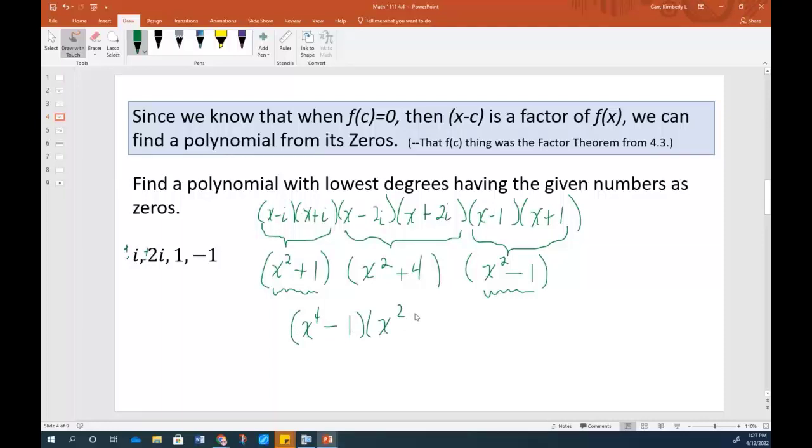And then I still have x squared plus 4 here. So now I'm going to FOIL this together. First, outside, inside, last. So I believe this is my answer. It's a 6th degree, but I want to check it.